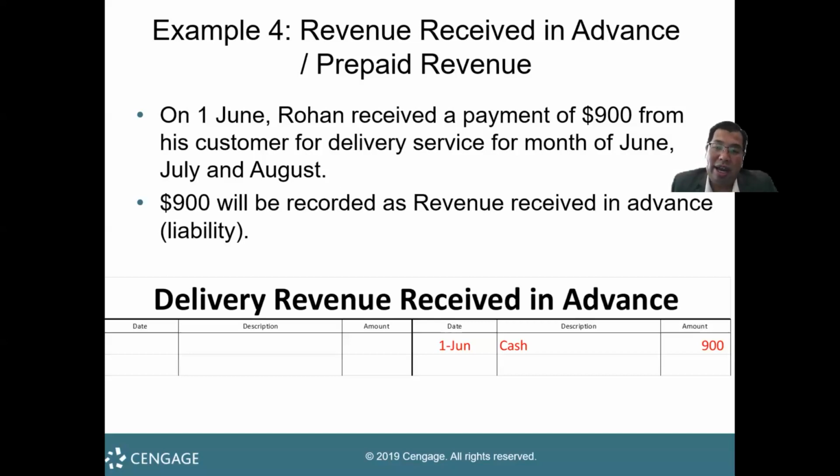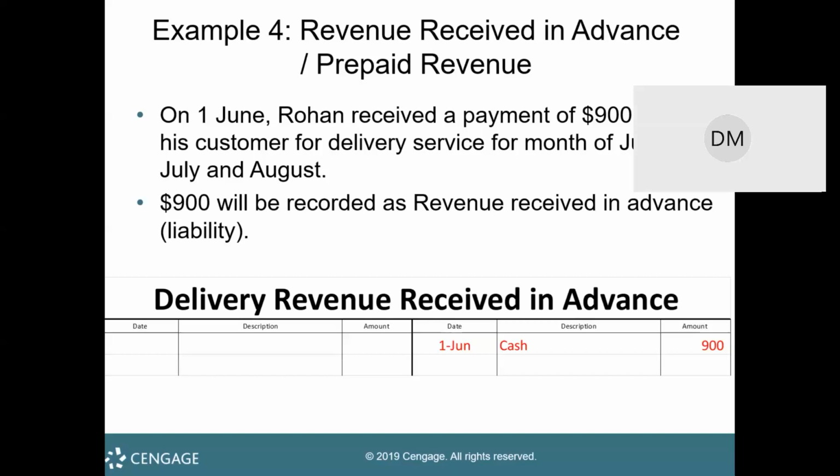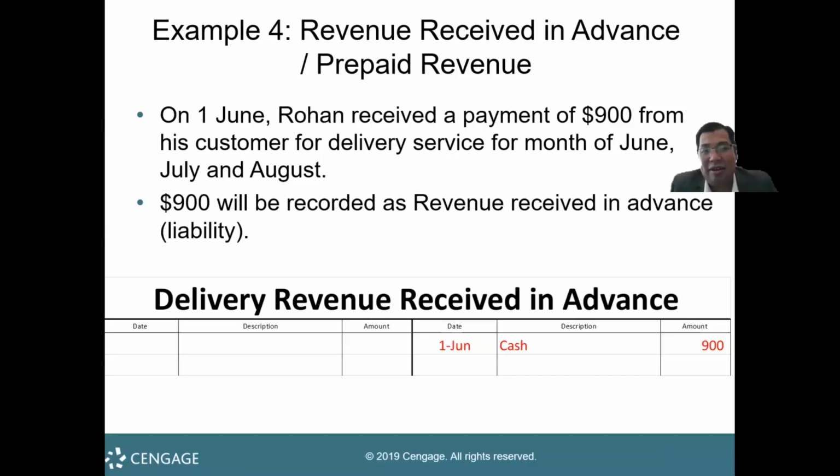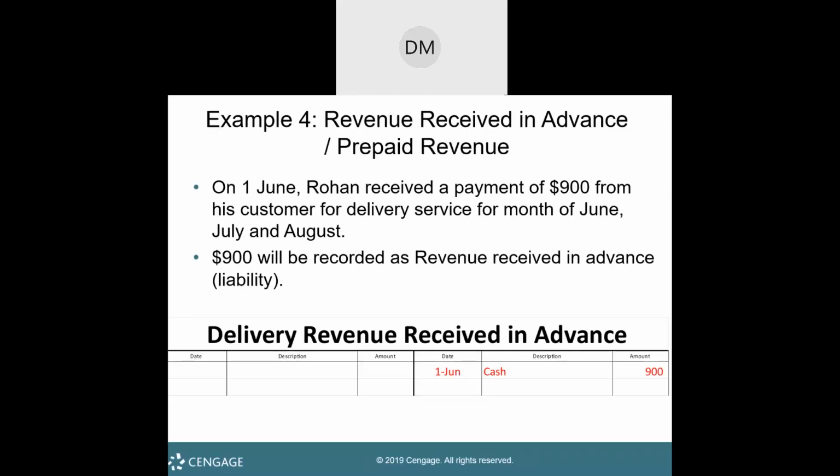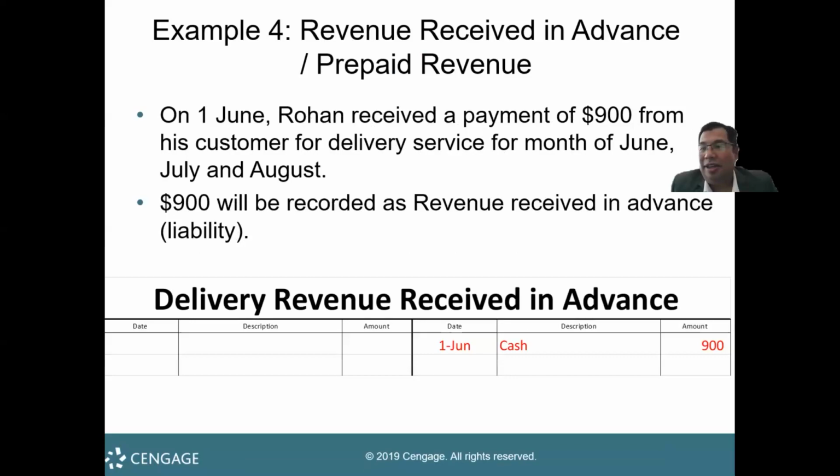Okay. So in that case, Professor, I have a doubt. Credit 900. Yes, Devanshi. Professor, so this 300 will come in the statement of profit and loss as expense, and the remaining 600 will come in the balance sheet. Now, the 300 will go to your income statement as revenue.